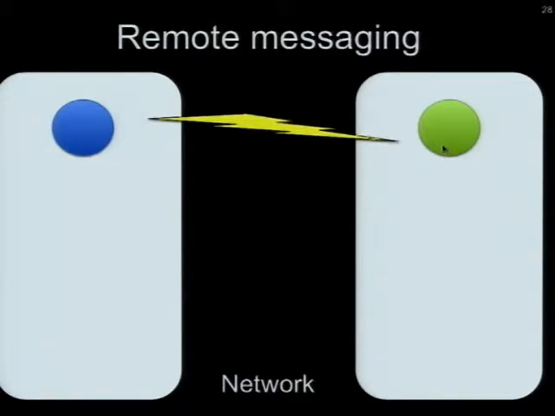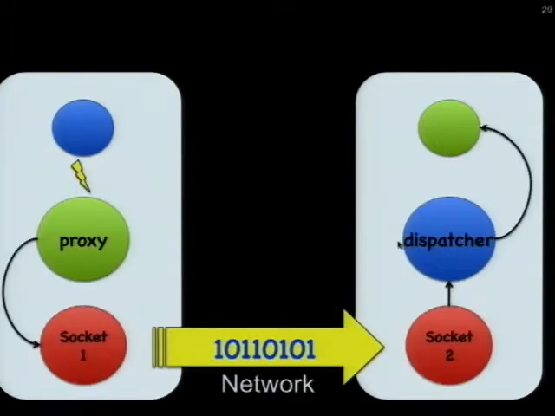Blue and green are discussing. In order to do the interaction in an object fashion way, we need a placeholder, a proxy of the green object, in the same image where you have the blue object.